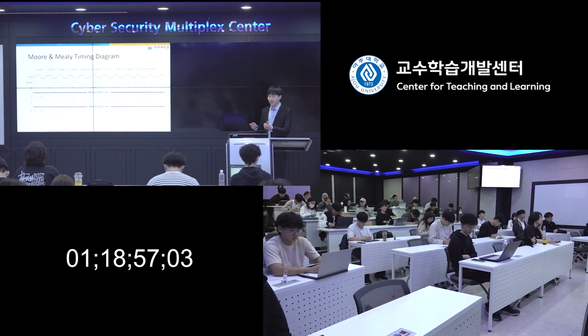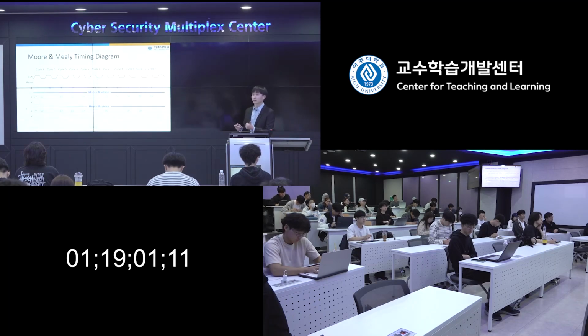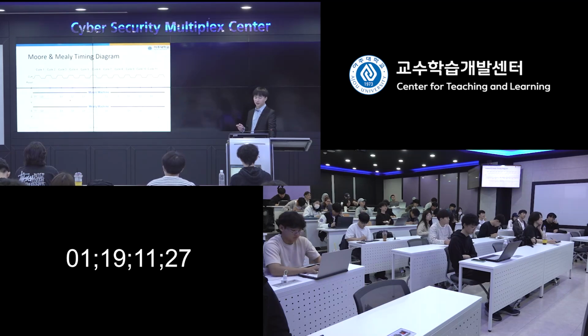So the Mealy machine is more sensitive and immediately reflects the input, but the Moore machine's output is delayed until the next rising edge because the state goes through the register.